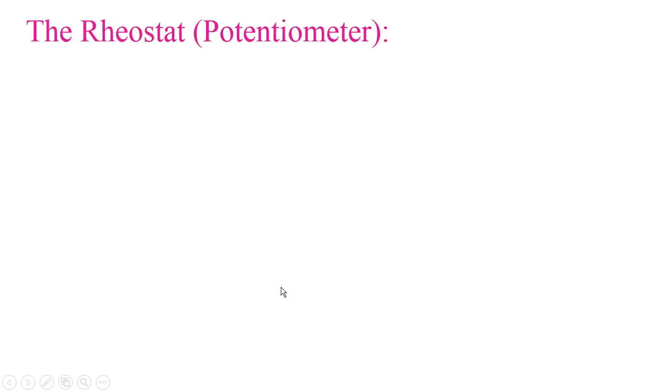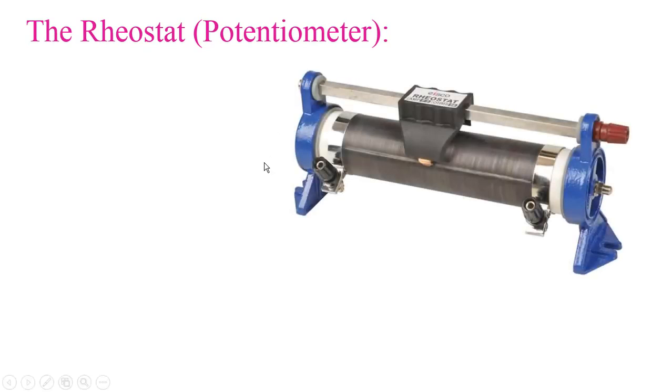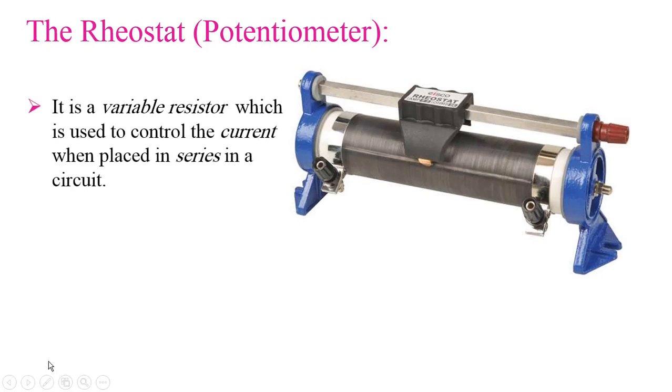But what is a rheostat? The rheostat or potentiometer is a variable resistor. It is used to control the current when placed in series in a circuit.